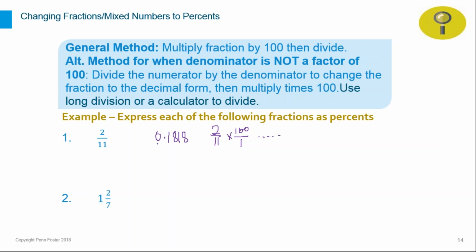Now, this is not what we are trying to get because we did not multiply times 100 yet. The 0.1818 does not have the sign of the percent yet. We need to multiply times 100 first, and then we'll be able to put the percent sign. So multiplying times 100 is equivalent to moving the decimal point twice to the right. So the answer now is 18.18%.